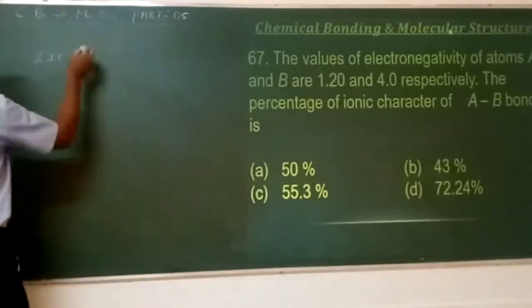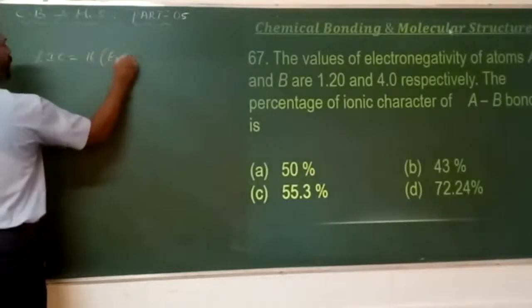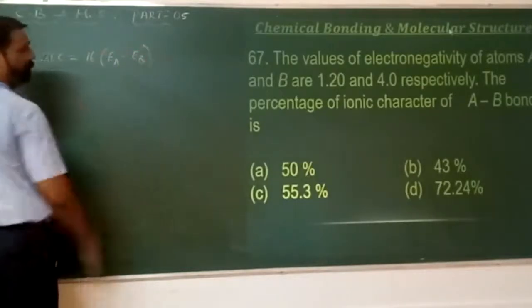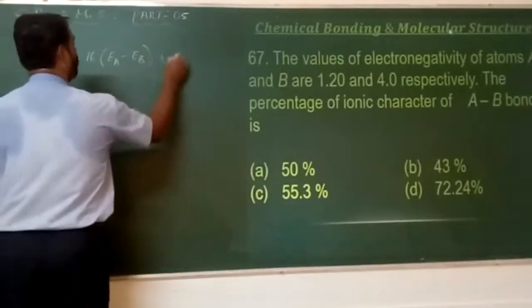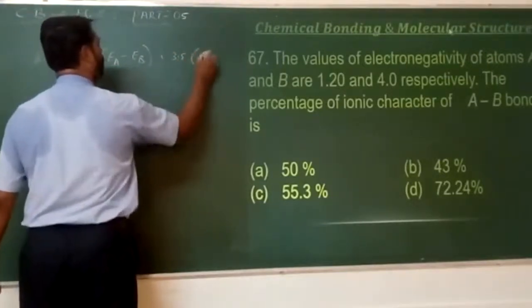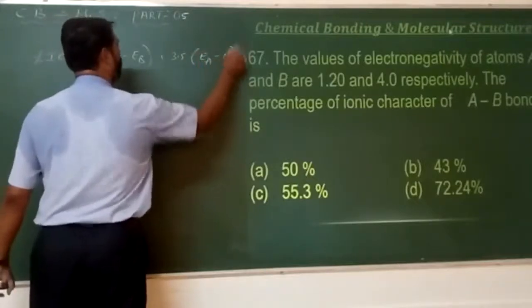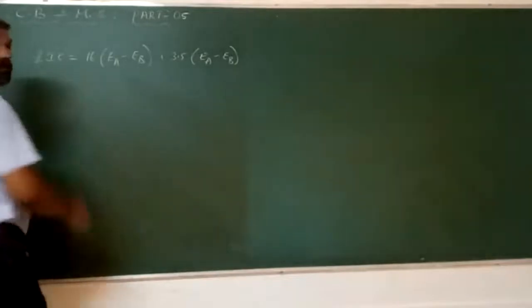The other is 16 times the electronegativity difference (Xa minus Xb) plus 3.5 into (Xa minus Xb) whole square. Difference in electronegativity. Okay?